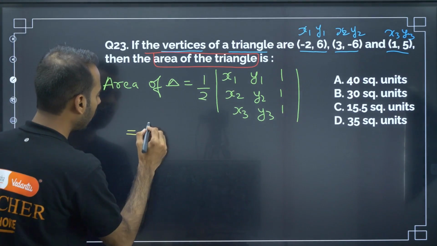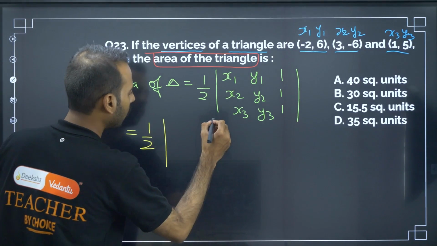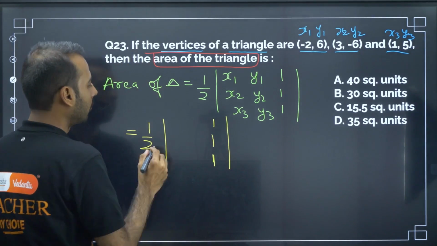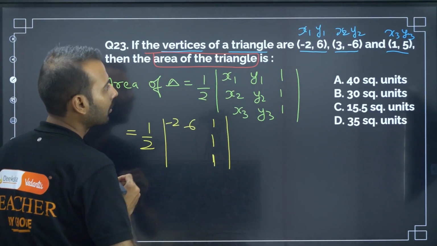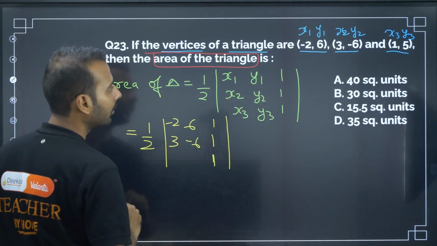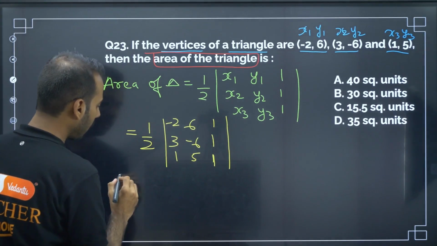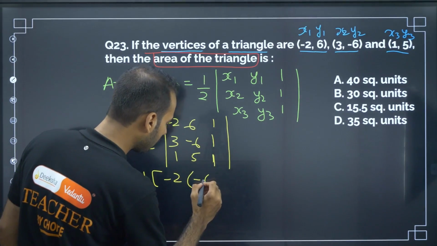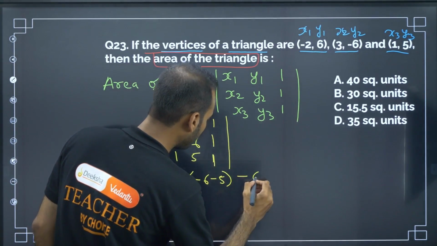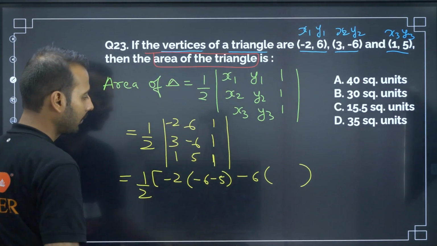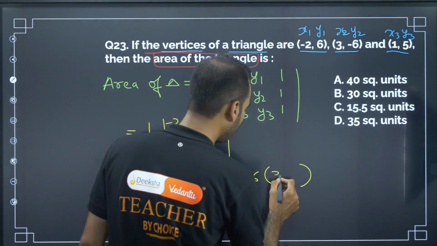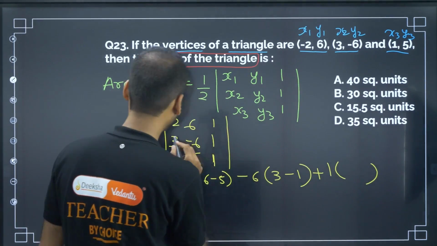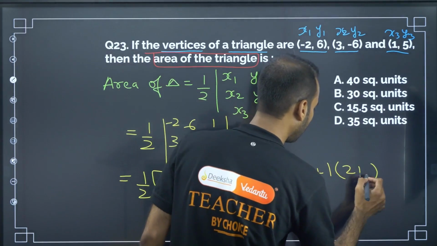Area of triangle is what? Now 1 by 2, 1 1 1, if I am writing 1 1 1 here, minus 2, 6, 3, minus 6, 1, 5. Next 1 by 2, minus 2, minus 6, minus 5, minus 6, 3 minus 1 plus 1, 15 plus 6, 21.